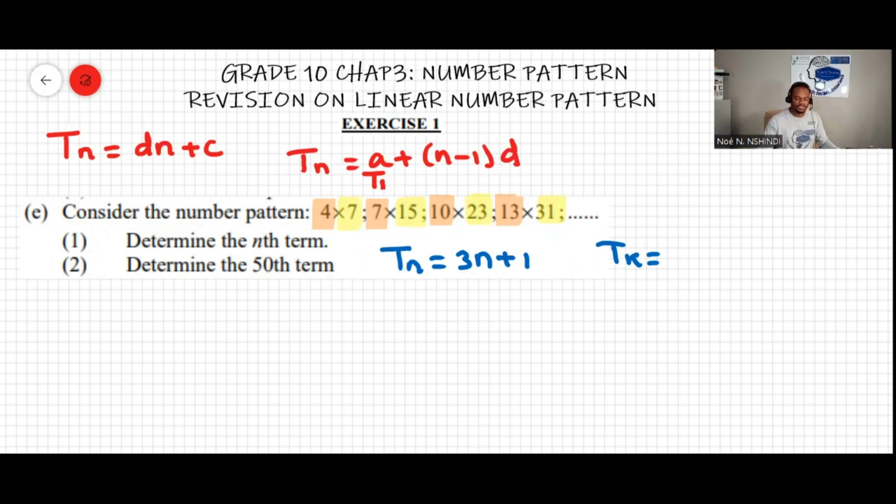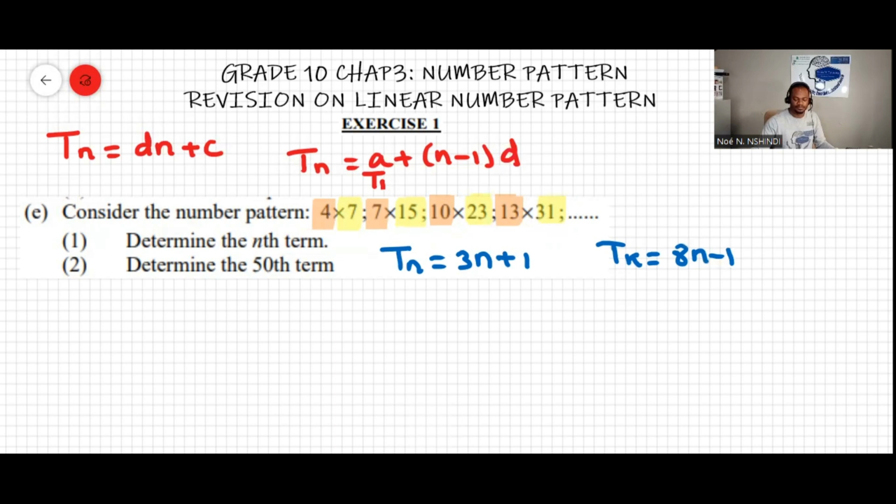So from 7 to 15, 8, from 15 to 23, 8, from 23 to 31, 8 also. So over there, it's going to be 8n, and then to get the first term, which is 7, we minus 1. Now see, it's actually this pattern, okay?